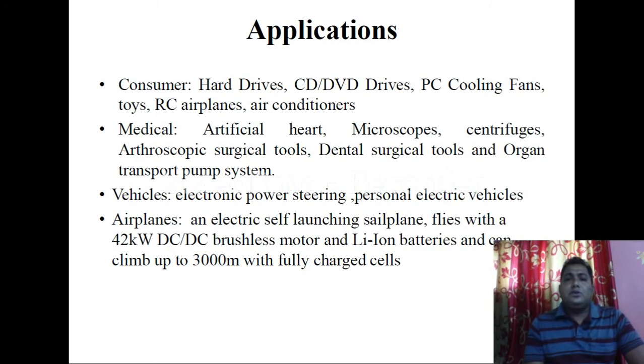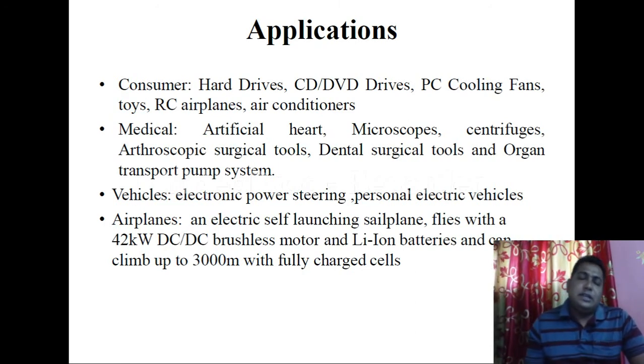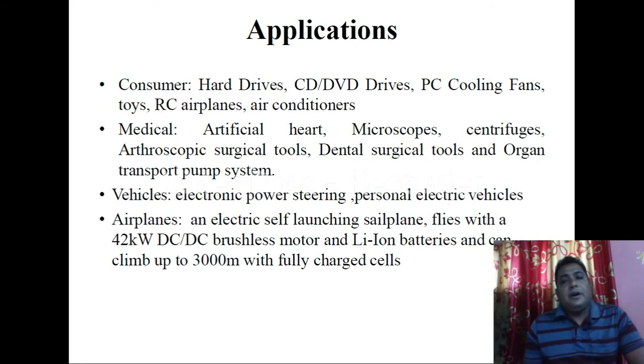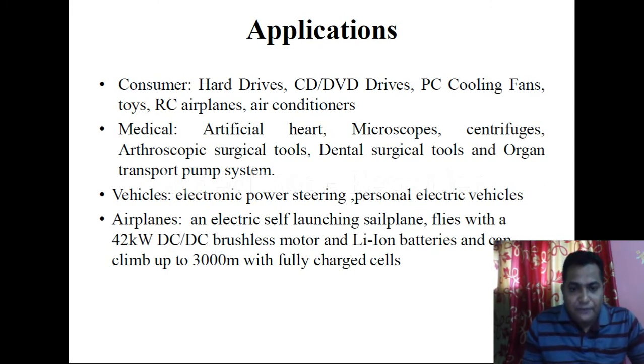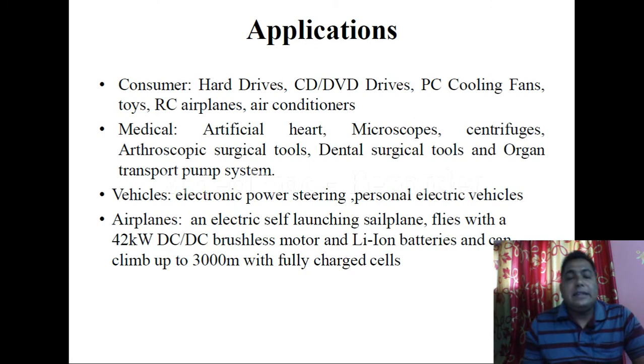In CD or DVD drives, PC cooling fans, toys, RC airplanes, and air conditioners, we can use it. In the medical industry: artificial hearts, microscopes, centrifuges, arthroscopic surgical tools, dental surgical tools, and organ transport pump systems. In the vehicle industry: electronic power steering and personal electric vehicles.